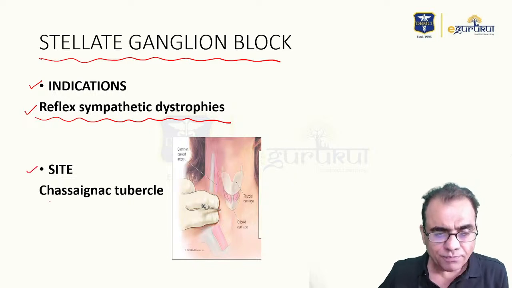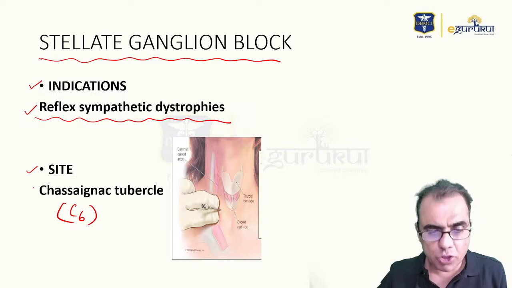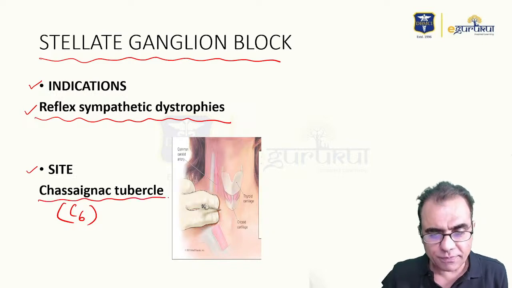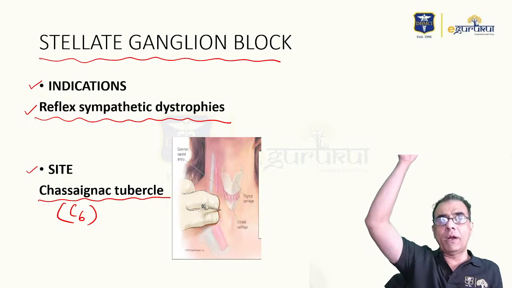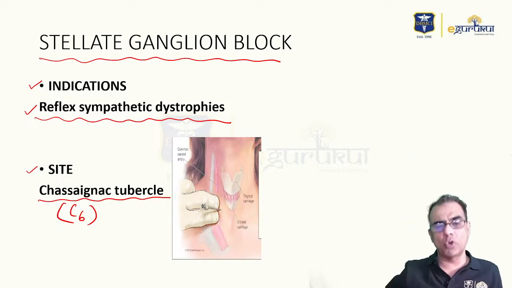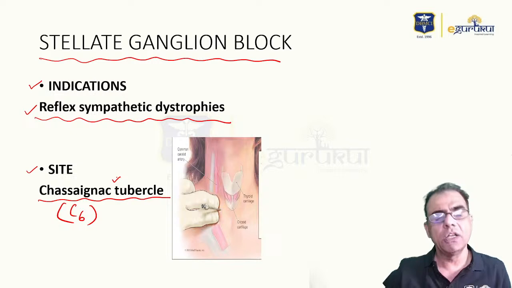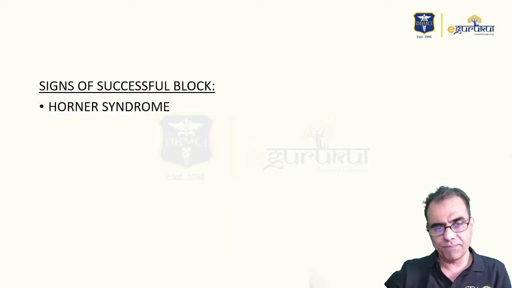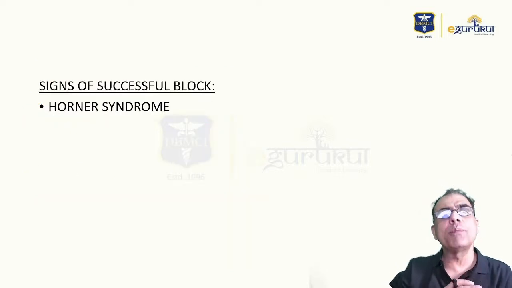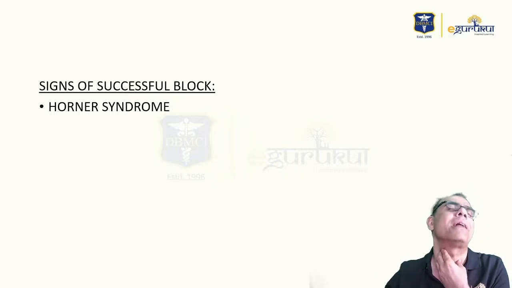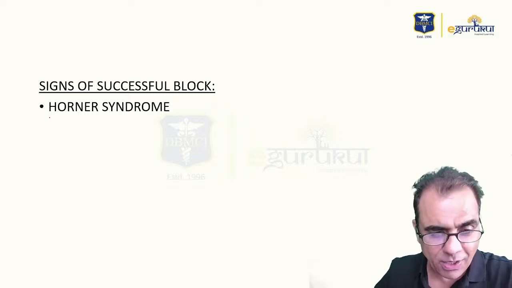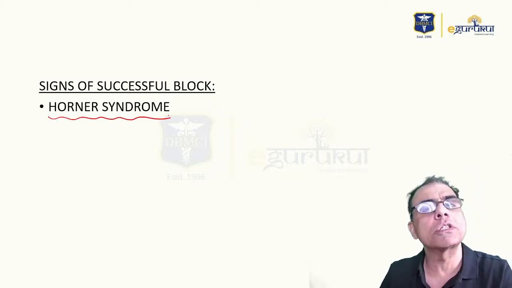Where to block? At the tubercle of the transverse process of C6, which is called the Chassaignac tubercle. So just at the level of the cricoid, you go laterally till the anterior border of the sternocleidomastoid starts, and then you insert the needle perpendicular and go down till you hit the tubercle of the transverse process of C6, which is called the Chassaignac tubercle. And how will you know your block is successful? If you block the stellate ganglion, the patient must exhibit all 4 signs of Horner syndrome.